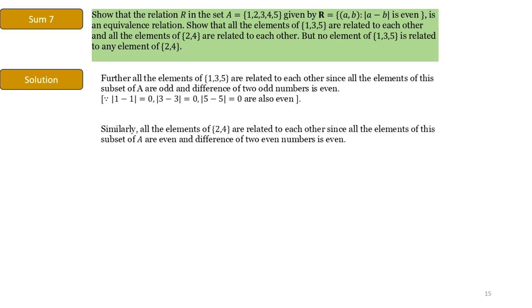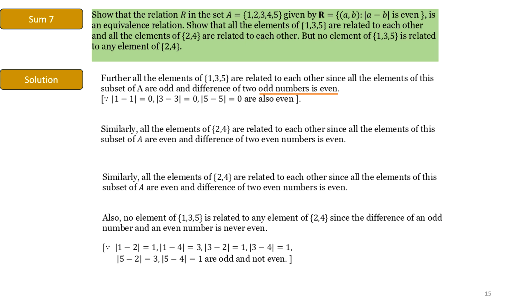Since the difference of two odd numbers is even, all the elements of the set are in R. Similarly, the set with elements 2, 4 will be in R, since the difference of two even numbers is even.